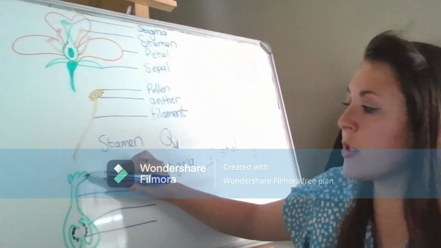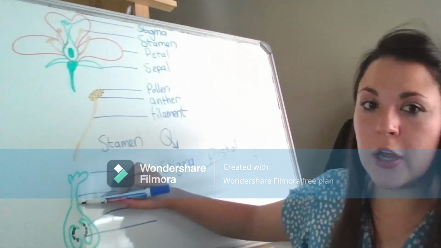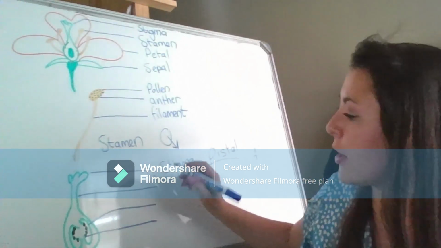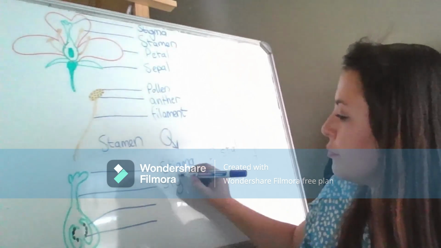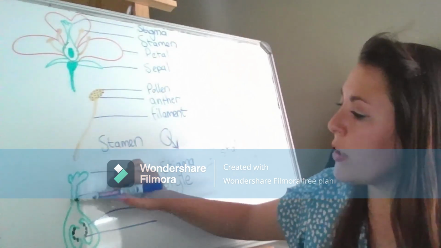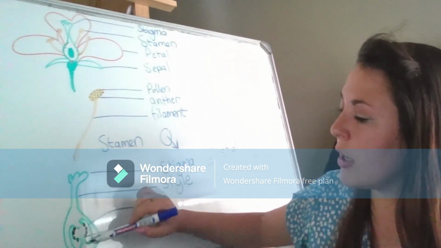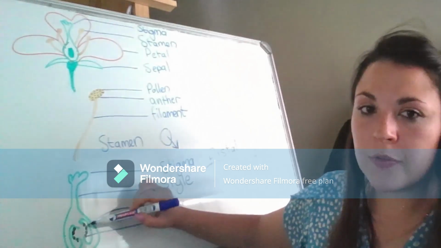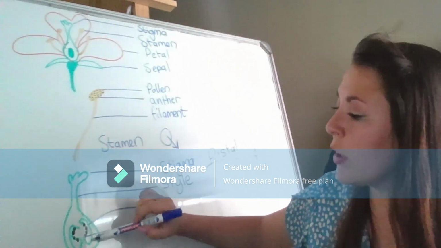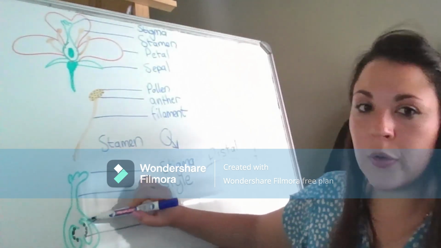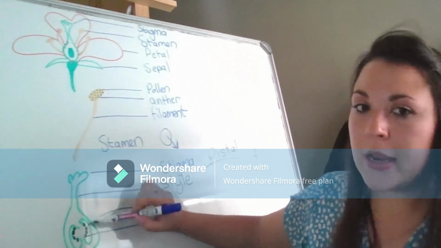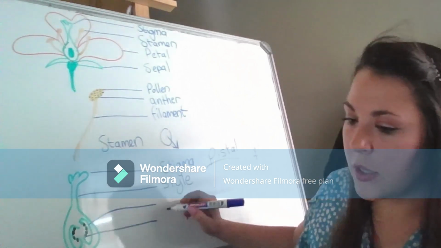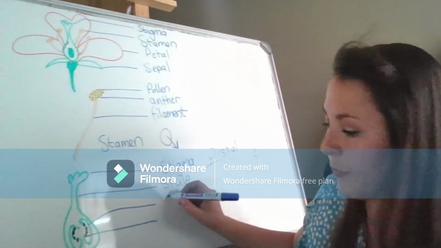After the finger-like structures, we have a small channel going down. This channel is called the style. When you go all the way down into the style, into the belly part of the female reproductive organ, we have a small little void on the inside here. This void is also known as the ovary.